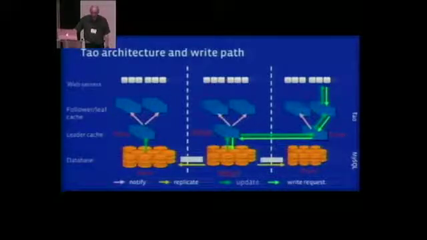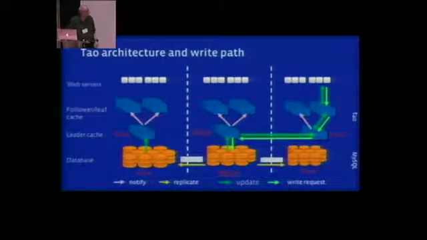Now you can ask the question, what kind of consistency model do you get with this architecture? It's pretty clear there's only one writer, namely the master. So you should get something like sequential consistency for the one object that's being written. That's good.